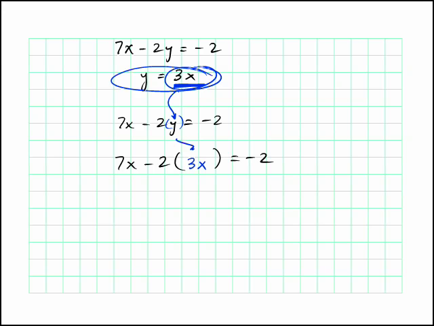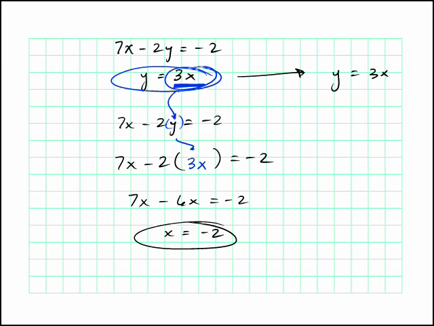I now have an equation with only x's in it, and so I can solve for x. This will be 7x minus 6x equals negative 2. 1x equals negative 2. I found x. Now all I need to do is find y, so I'll go up and use this equation. y equals 3 times x, which is negative 2. y must be negative 6.